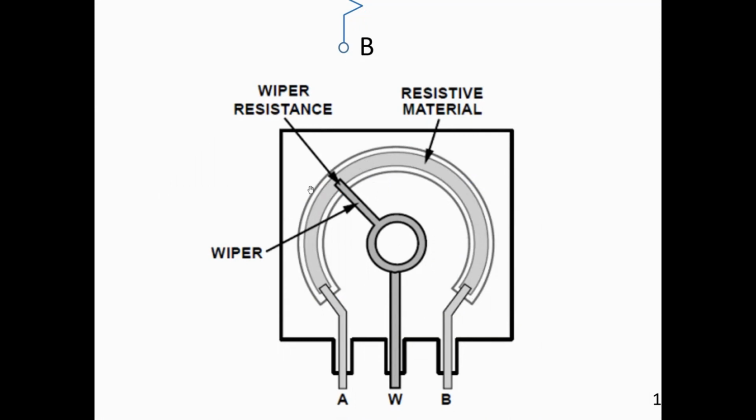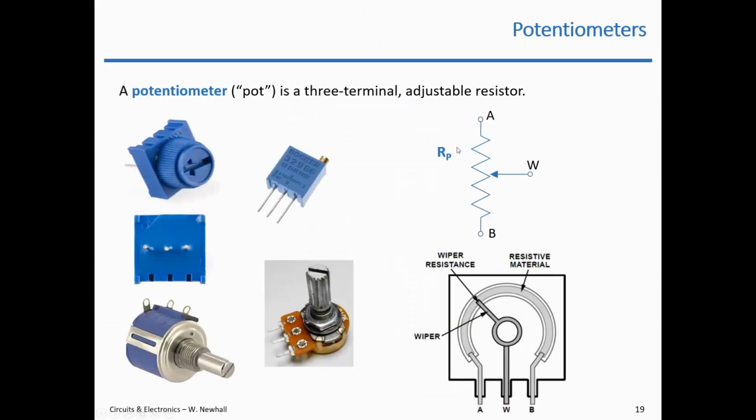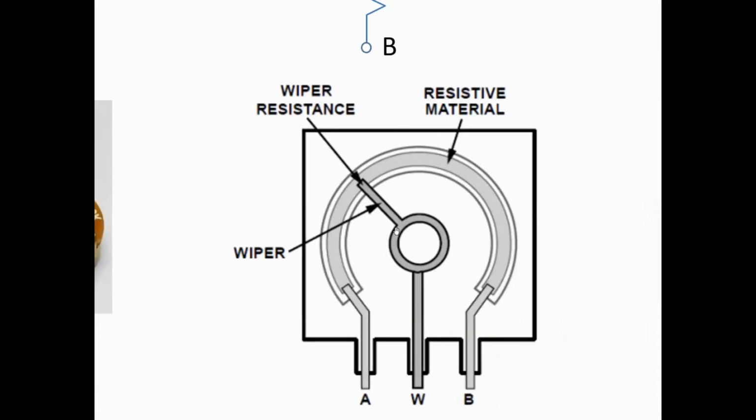This resistive material is on maybe a flat circuit board. So it's just resistive material, and then there's a conductor on the other side that goes down to B. So that resistive material between A and B is actually what this RP is. We'll get to that in a second, but RP is the value of the resistance if you were measuring between A and B. Then there's this W terminal, and this W terminal is drawn here as a cartoon.